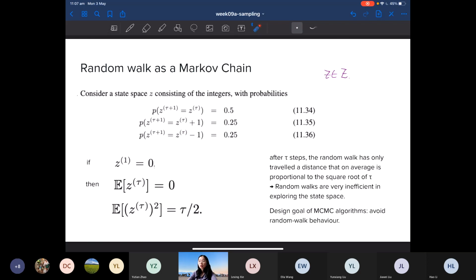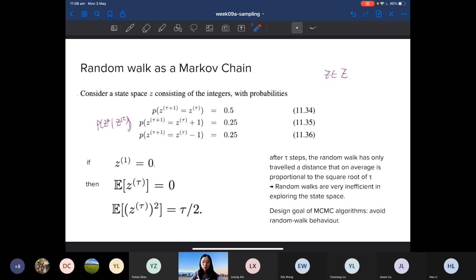So we can easily verify that if the behavior is like this, the proposal distribution, what's written here, is essentially P of Z star given Z tau is like this. It's symmetric, right? In other words, no matter where you are on the integer line, your transition probabilities are the same, right?